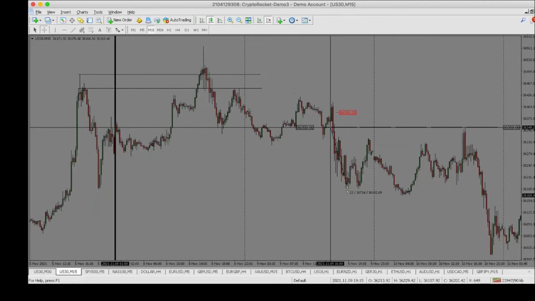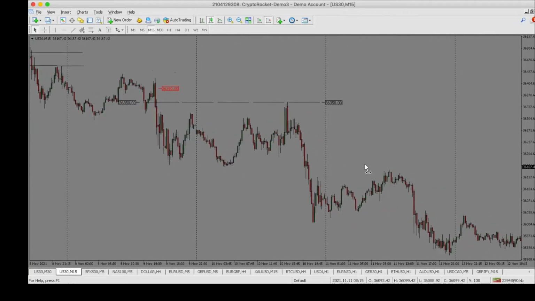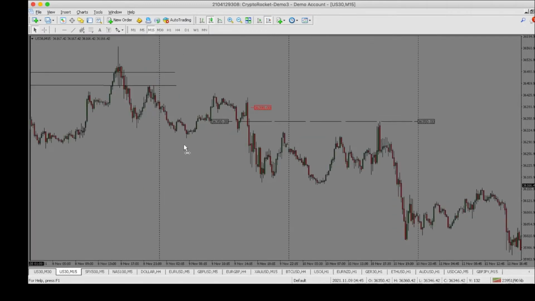About 160. And then if you'd have held for a swing, you could have held it all the way to the 36 target, which would have put you around 350 points. Yeah, so solid trade there.